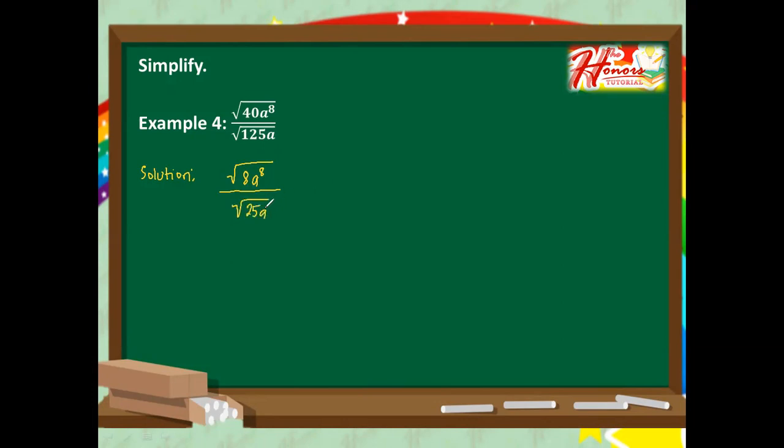And then let's focus now on our variable. Since we have here the same index, we can simply subtract the exponent of the variables that we have here. So that is 8 minus 1. So that is 7. So now we have here square root of 8a raised to 7 over square root of 25.